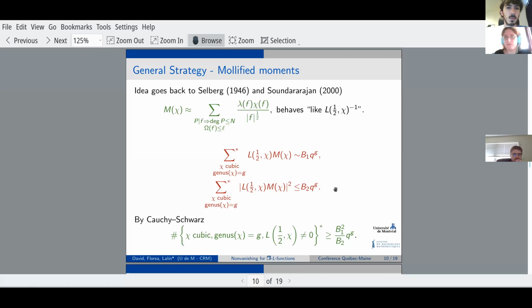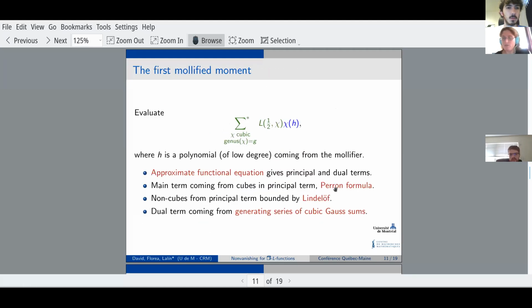Now, there are two parts to this. One has to do with computing the first moment, and the other has to do with computing the second moment. For the first moment, I don't want to talk a lot about this because it has to do with the previous project. Just let me say that it's not very different from computing the regular first moment. The ingredients that we use have to do with the approximate functional equation that gives you some principal and some dual term.